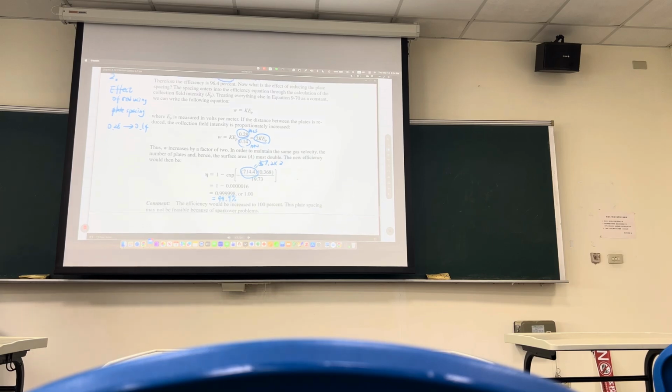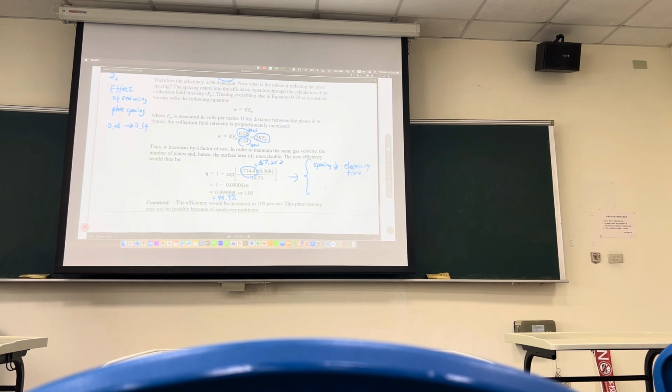Okay, this is reasonable. Why? Let me finish this before we take a short break. This is reasonable. Why? Because smaller spacing, you decrease the spacing, you increase the electric field, right?